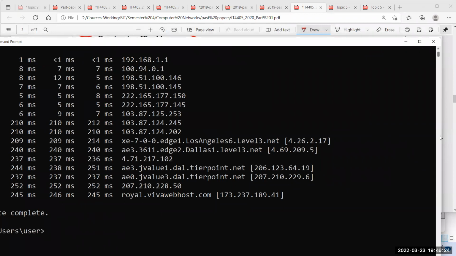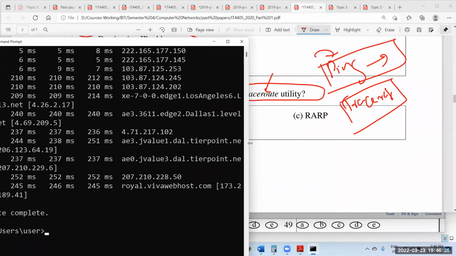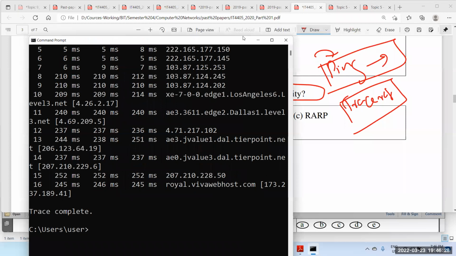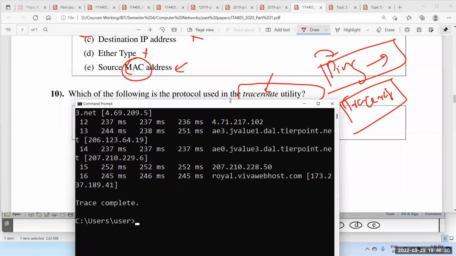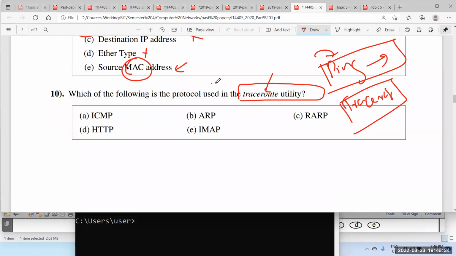And of course, there are so many tools which give you even a visual view as well. We call them visual traceroute software. Now the question is, what is the protocol used for traceroute?